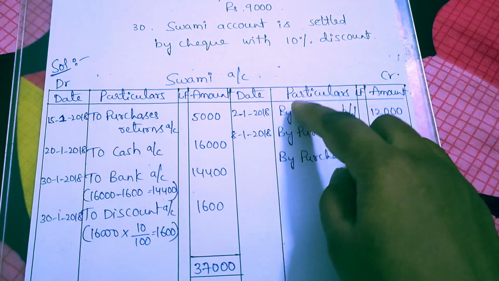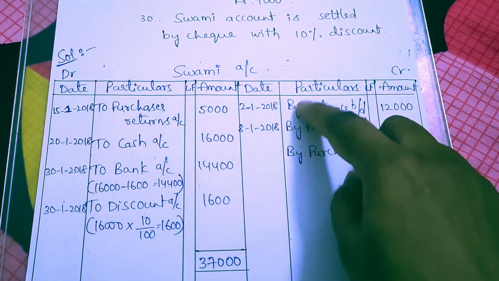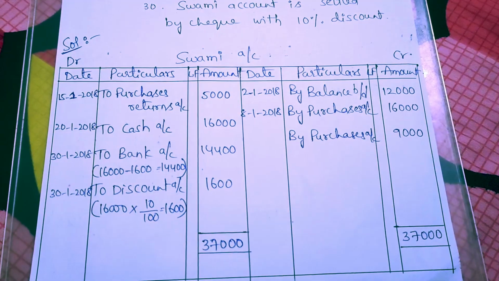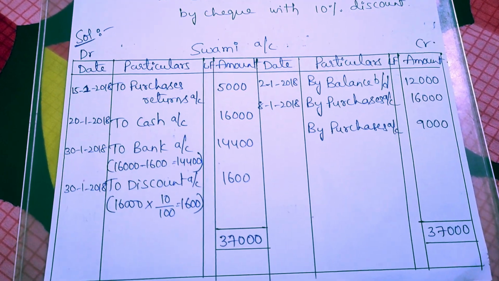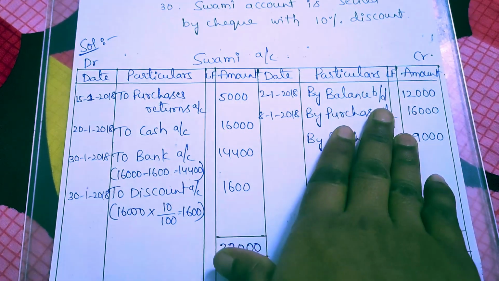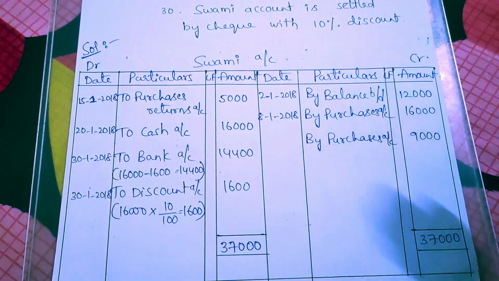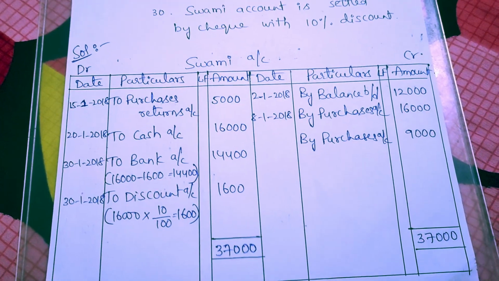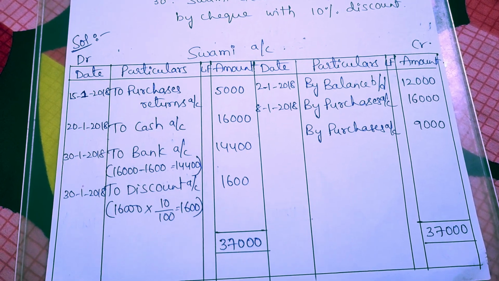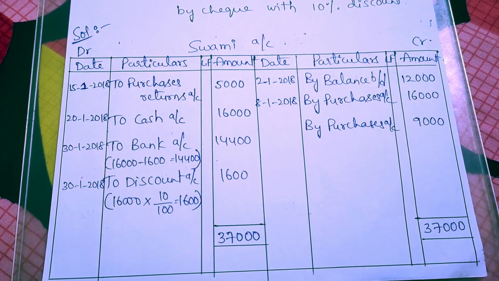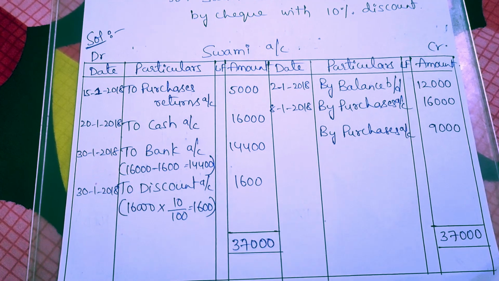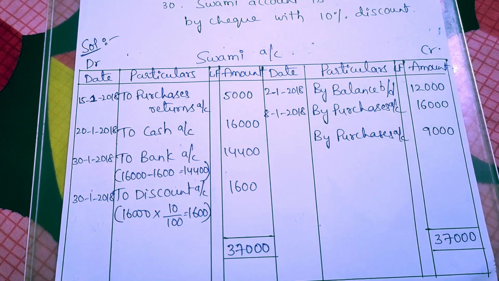If you record any item on the credit side, you should start with the word by. So these are the few rules. And if you want to post the items on the debit as well as on the credit side, you should know the pro forma I gave in the previous lecture. You can go through the previous video so that you will understand. If you understand the pro forma, then you can do the solution easily.